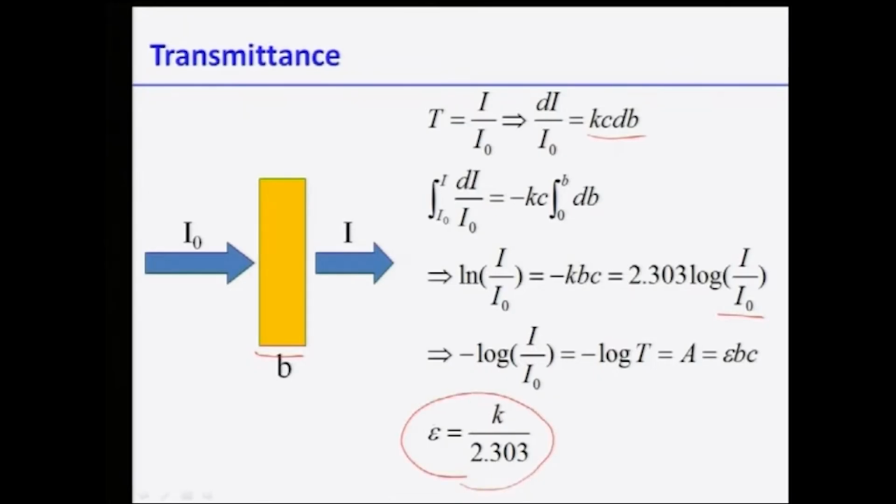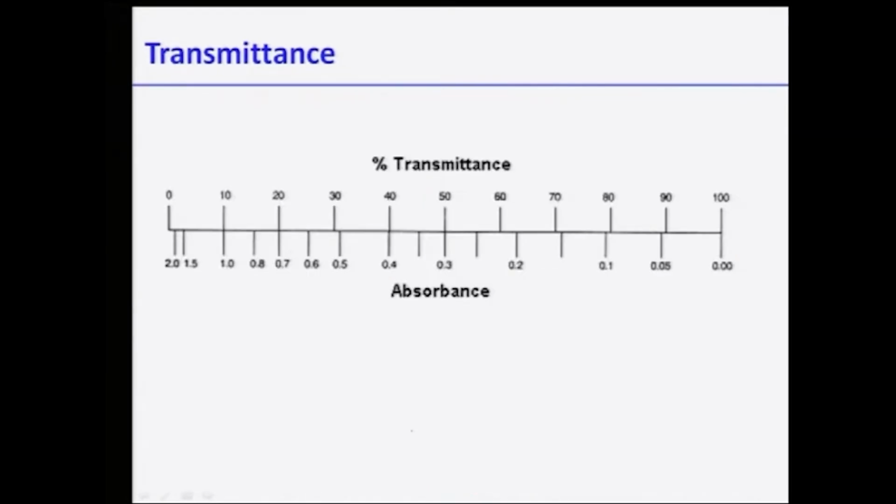The molar absorptivity epsilon can be written as K by 2.303, which comes from the log. Transmission, as I said, can vary from 0 to 100, and the opposite is absorption, which can also vary in this way.